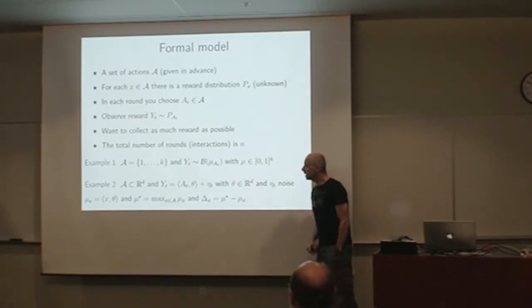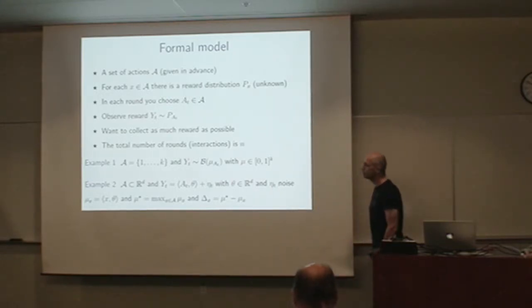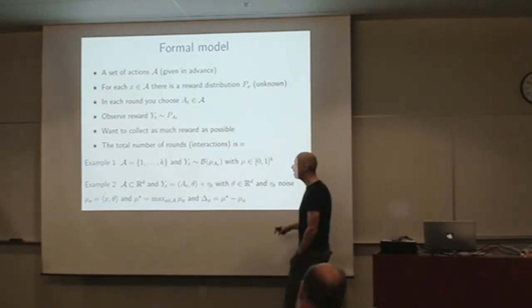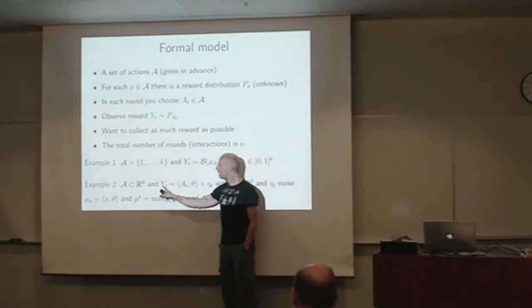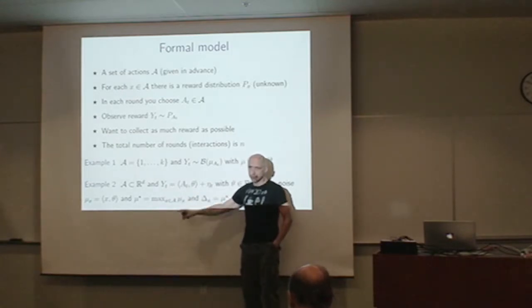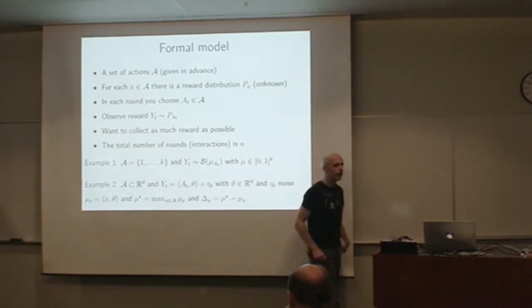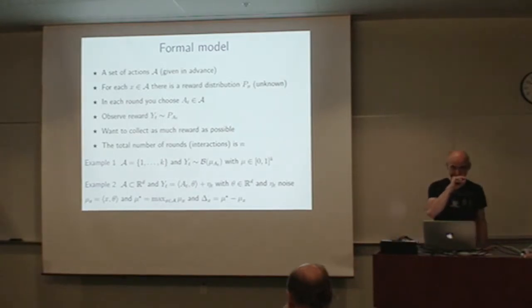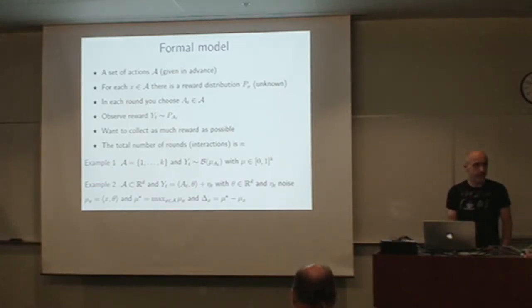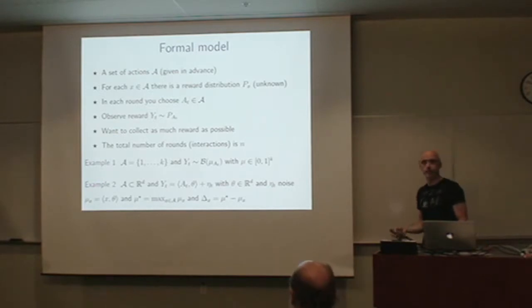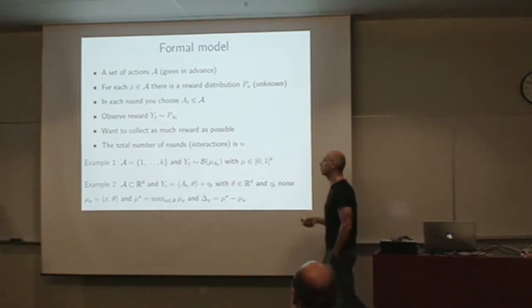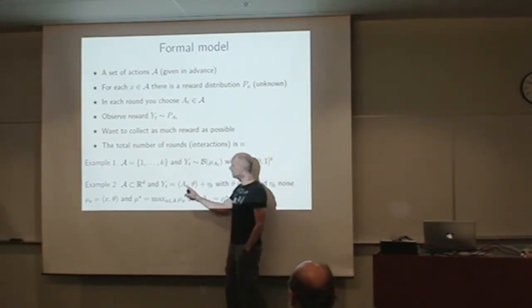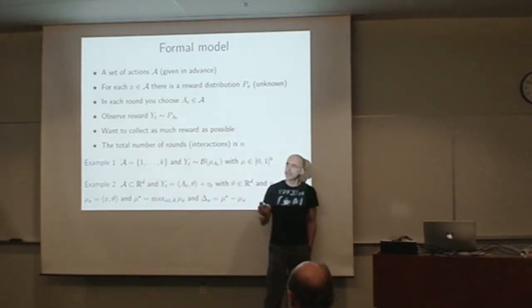So what is the second setting? That's called the linear bandit setting. In that setting, the reward that you observe is equal to the inner product of the action. The action actually lives in a d-dimensional space. It's a feature vector of the action that you chose. The feature vector of the action that you chose is multiplied with these unknown parameters.